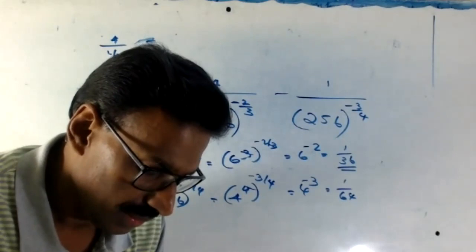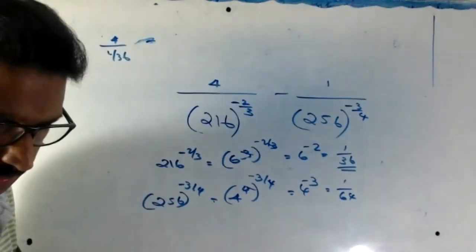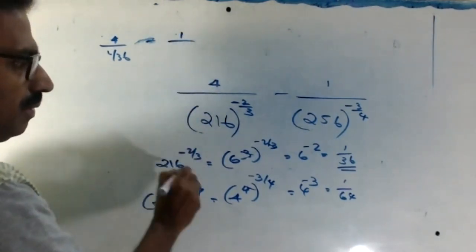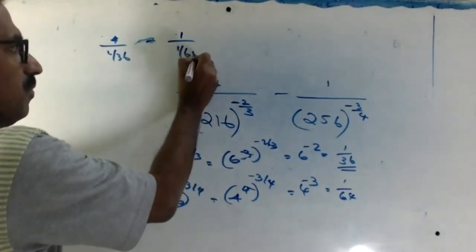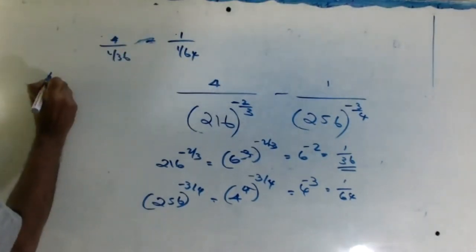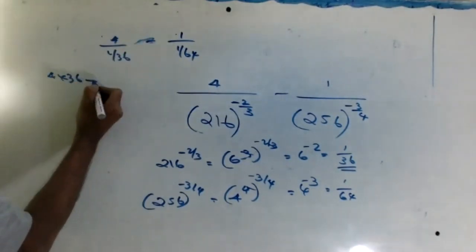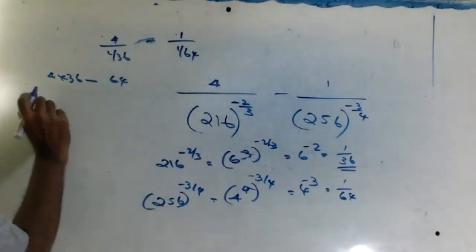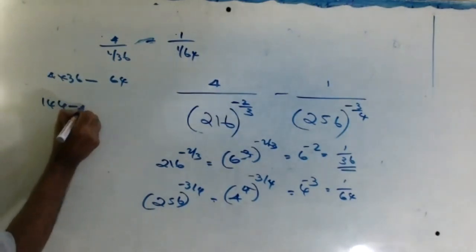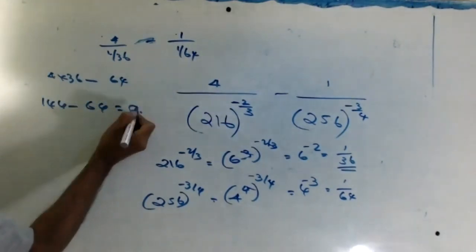Then 1 divided by 1 by 64. 36 is going up. 4 into 36 minus 64 going up. So how much? 4 into 36 is 144. 144 minus 64 equals 80.